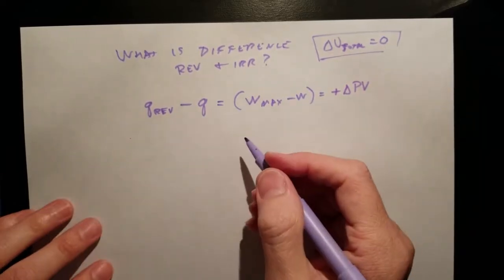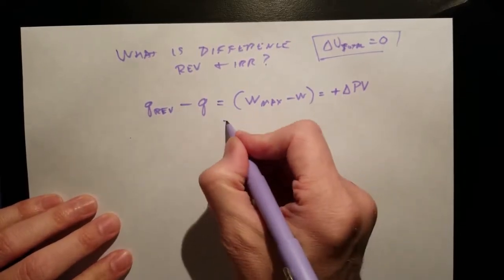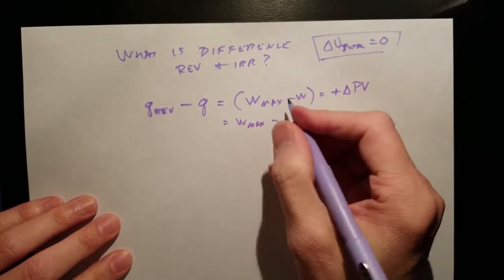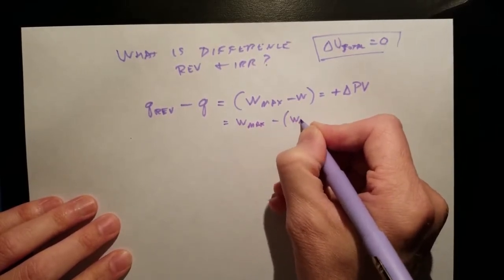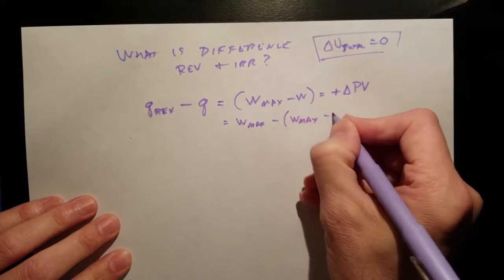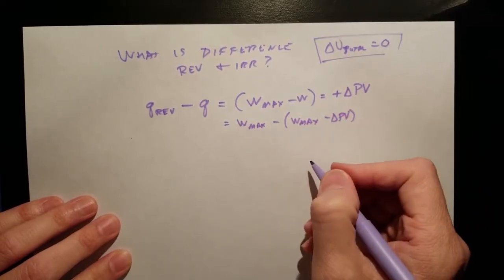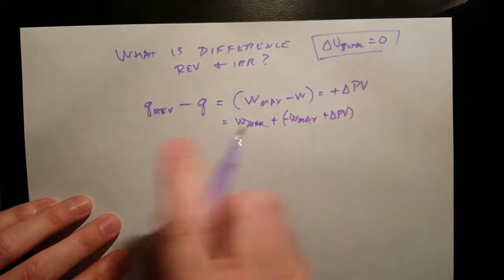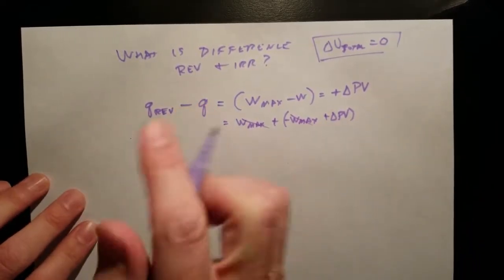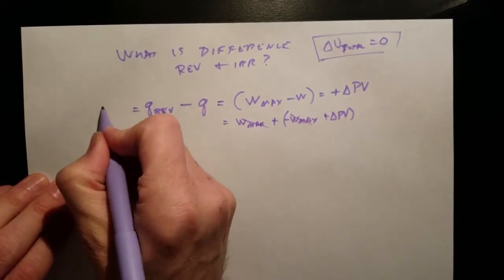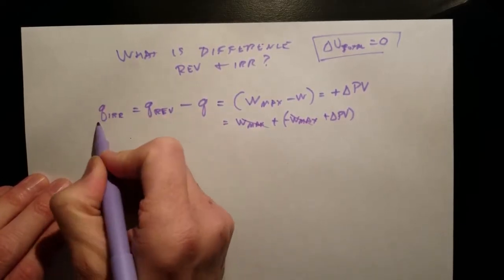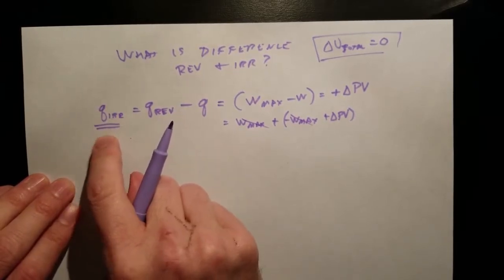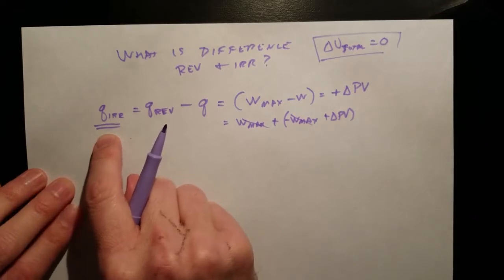Because we had W max minus W, which was W max minus delta PV. So those cancel. This difference here, I've denoted as Q irreversible. Again, this is not used in your textbook, but I think this is a handy way to think about it.